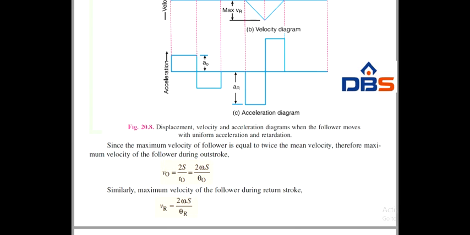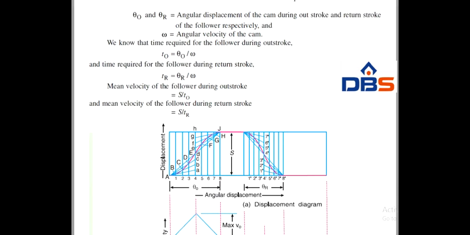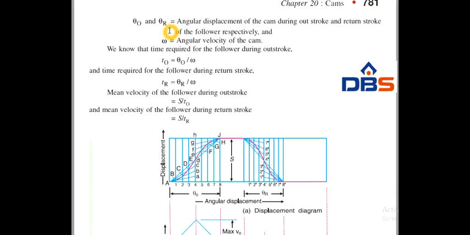As we discussed in the previous topic, S is the stroke of the follower, and θo and θr are the angular displacements of the cam during the outward and return strokes. ω is the angular velocity, therefore the time required is to = θo/ω and tr = θr/ω. These are constant values for all the problems, so we have to remember them.